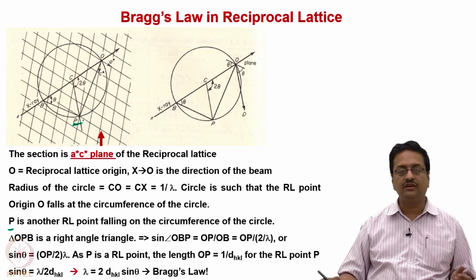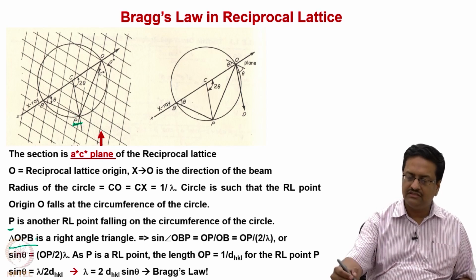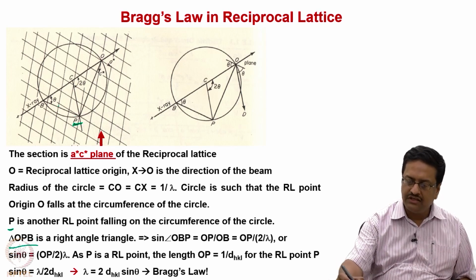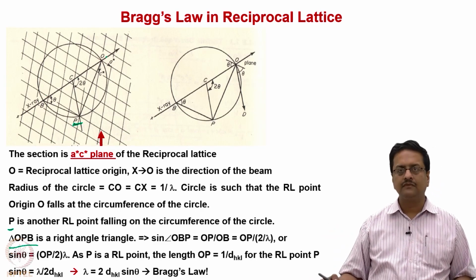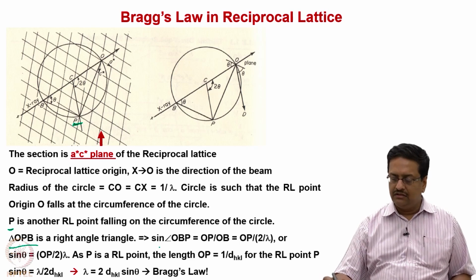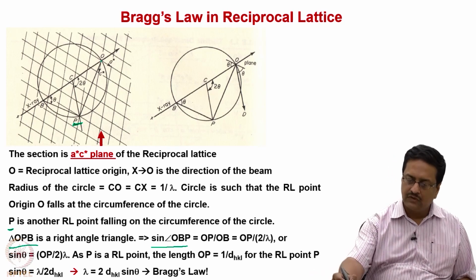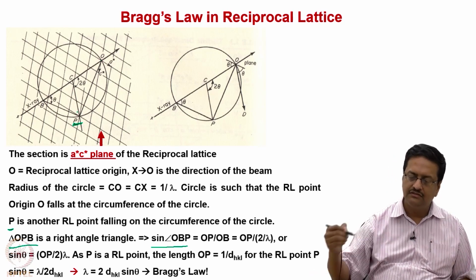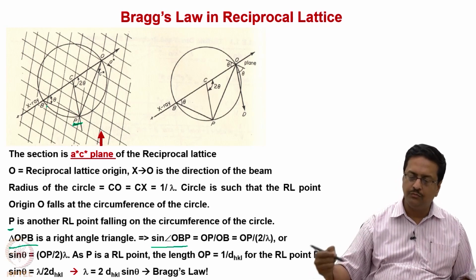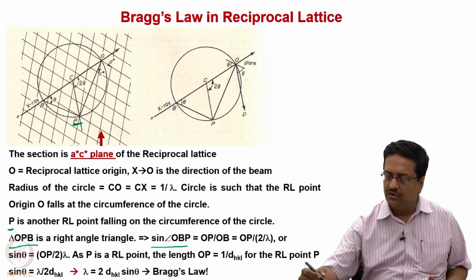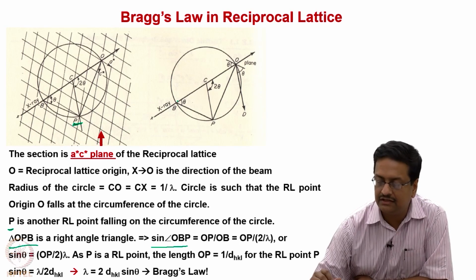So then we consider a triangle OPB, which is here, a right angle triangle, and then we try to calculate sine of OBP, where the angle OBP is equal to theta, because, let us concentrate on the figure on the right hand side.